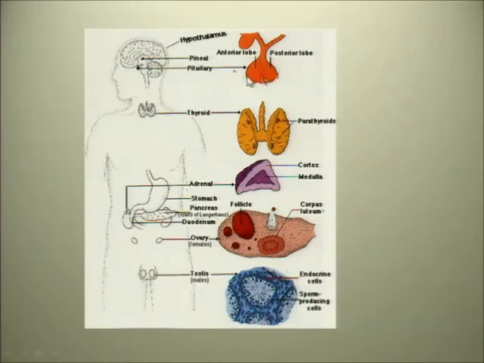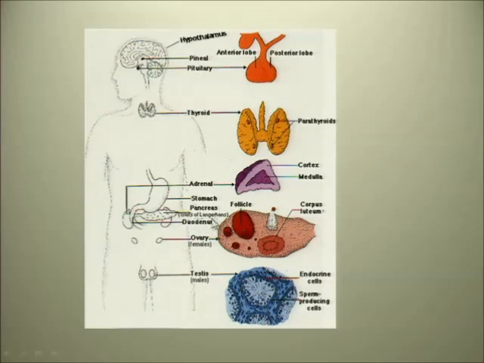Now the hypophysis or the pituitary gland secretes TSH that stimulates the thyroid. It secretes growth hormone for the skeleton. The thyroid gland produces thyroxine. The adrenal gland produces aldosterone and adrenaline. Please learn the functions of adrenaline and learn the functions of thyroxine.